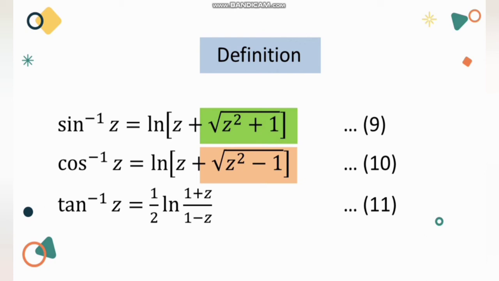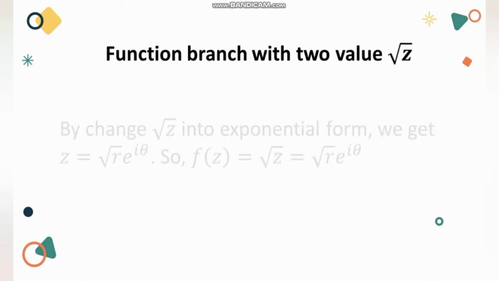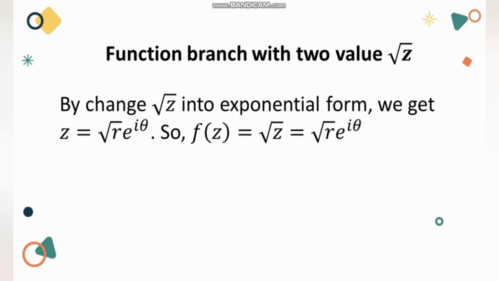Now we will discuss the branch function with two values, the square root of z. By changing z into exponential form, we get z equals r e to the power i theta. So f(z) equals the square root of z, equals the square root of r e to the power i theta.